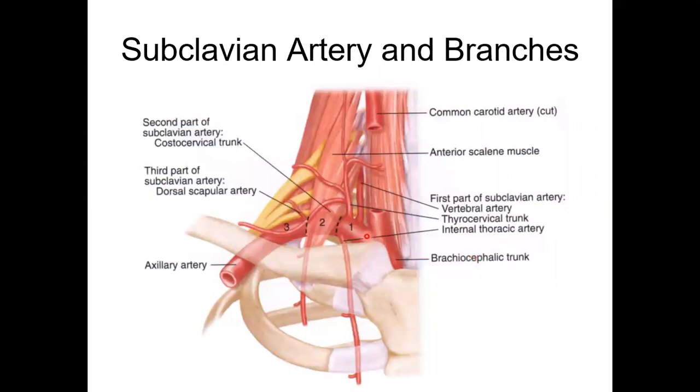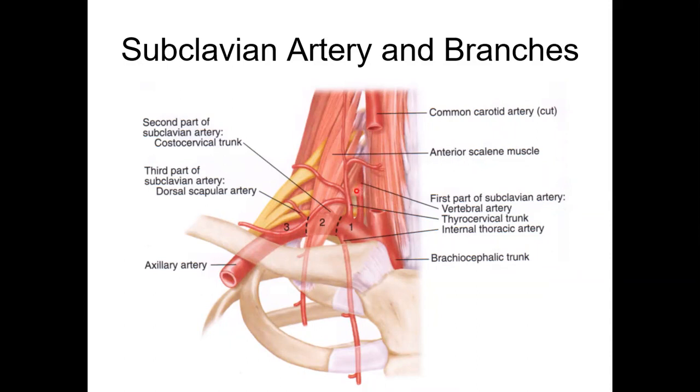Okay, so here's our subclavian artery. Recall that the axillary artery is a continuation of the subclavian artery. From the subclavian artery, there are many branches. Just like our axillary artery, subclavian has 3 parts. In the first part of your subclavian artery, you'll see the vertebral artery branches off.